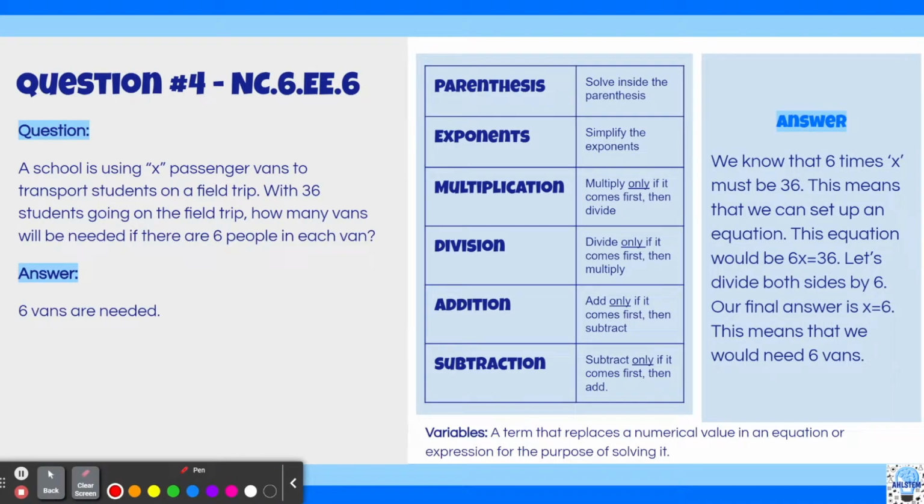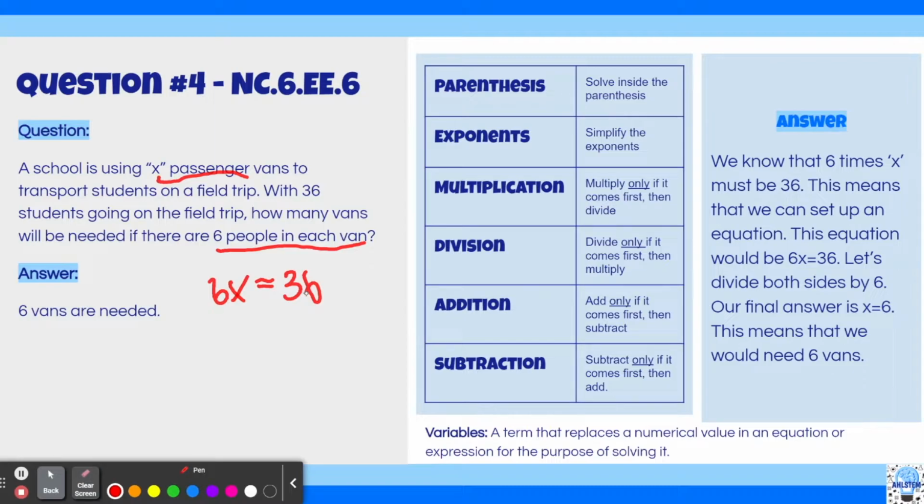So let's try to model this algebraically, or using the variable x. The last one, I kind of just did it like this, which still works, but I want to model it like a real equation. So 36 students. Okay, so we have 6 people in each van, and there are x vans. We can just model it as 6x equals 36.